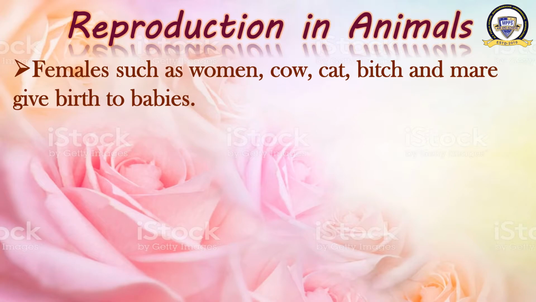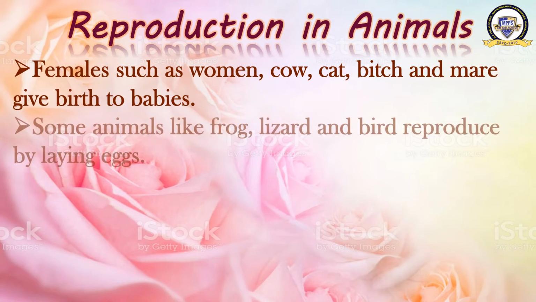Whether they are animals or human beings, all the female kinds of animals and human beings give birth to the babies and we reproduce our own kind by giving birth to the babies. And who gives birth? Only females. Males do not. Okay. And some animals like frog, lizard and bird reproduce by laying eggs.